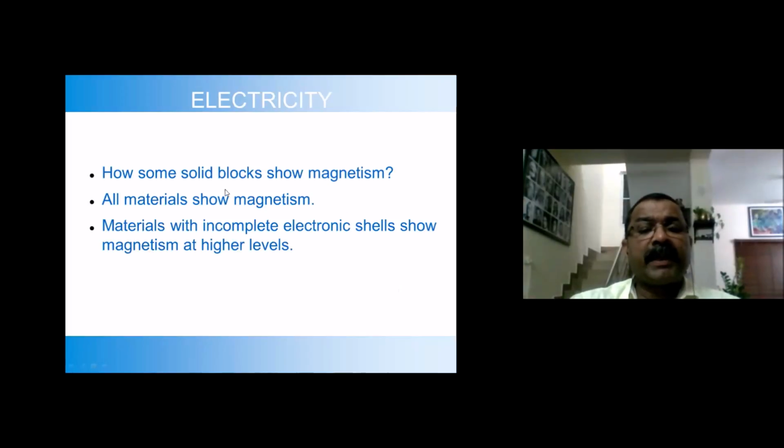Then you can see some solid blocks of magnets, solid blocks of magnet showing magnetism. So how can these solid blocks show magnetism? Do you have any idea, Rishikesh?